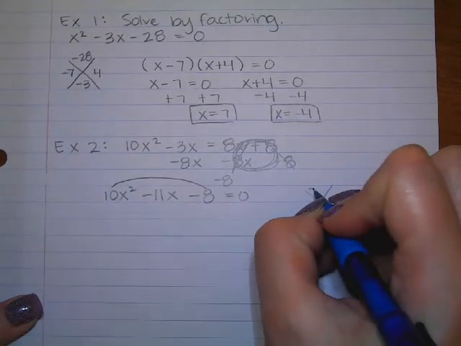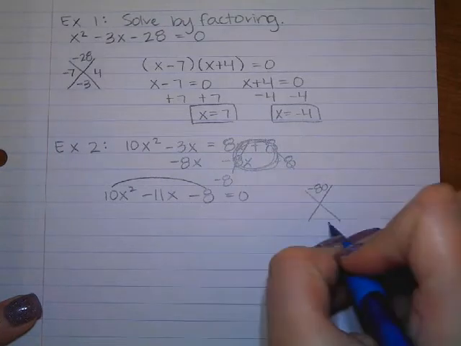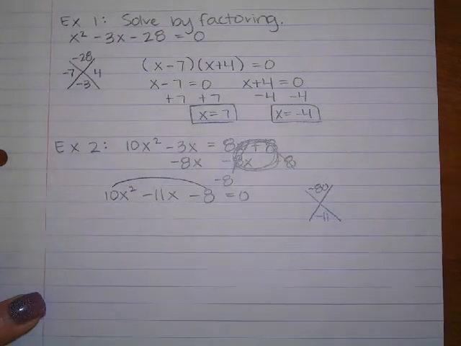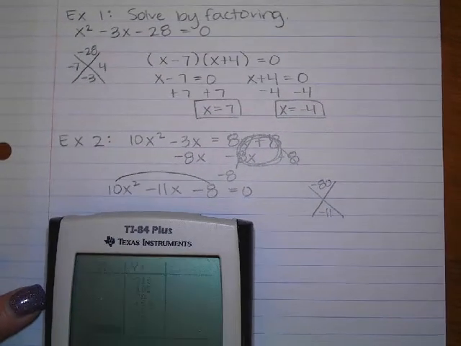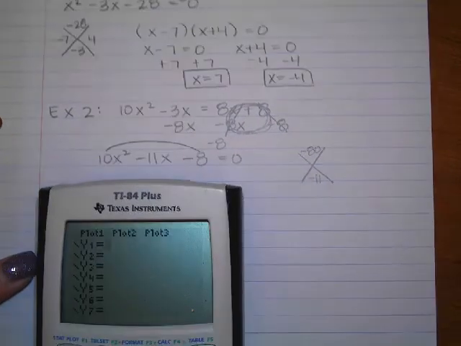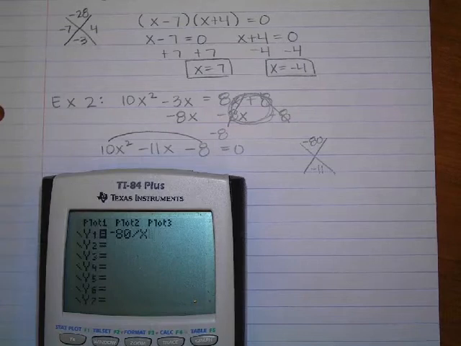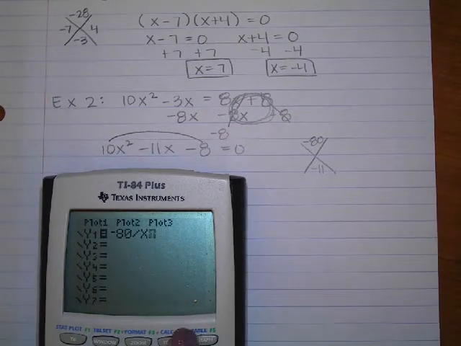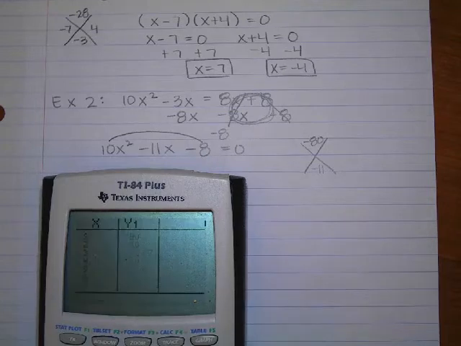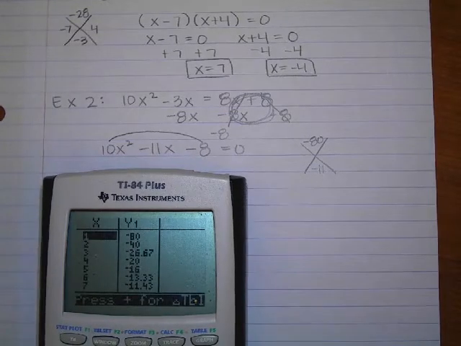I'm looking for two numbers that multiply to negative 80 but add to negative 11. And that can be kind of difficult for us to come up with. So what I'm going to do is in my calculator, I'm going to say negative 80 divided by x. And now if I look at the table, so if I do second graph and look at the table, those are all my options.